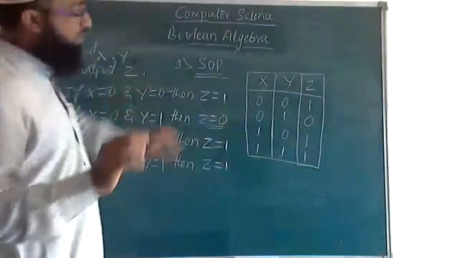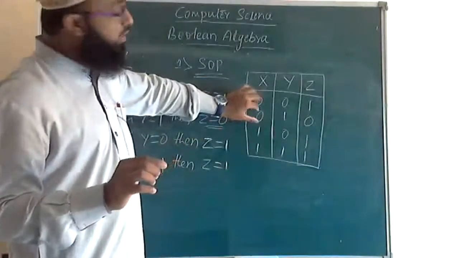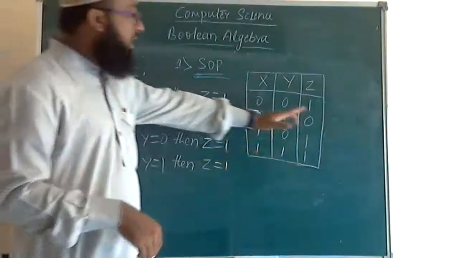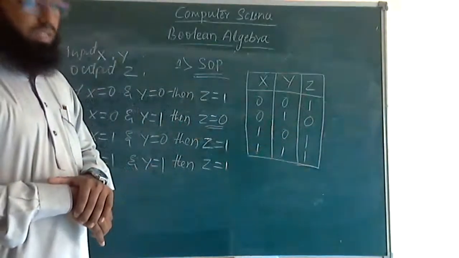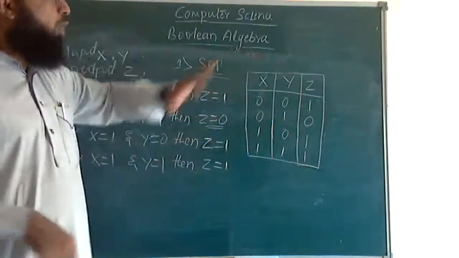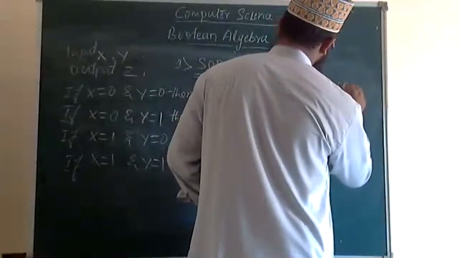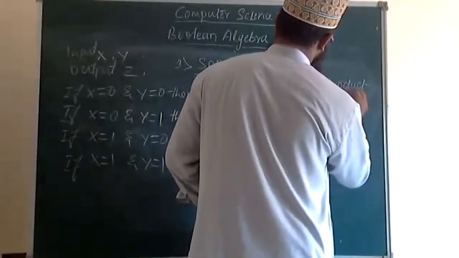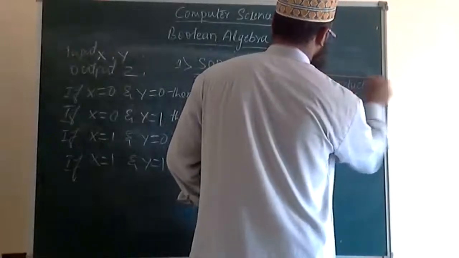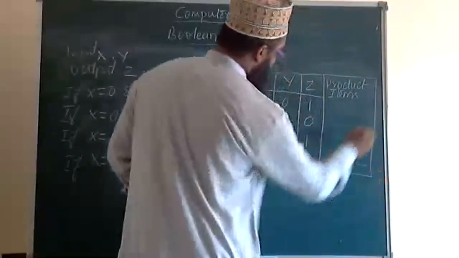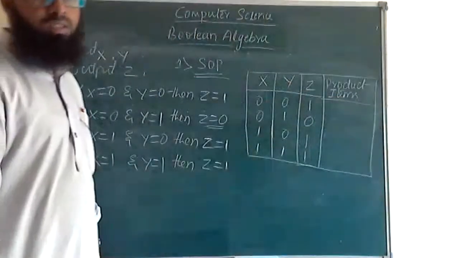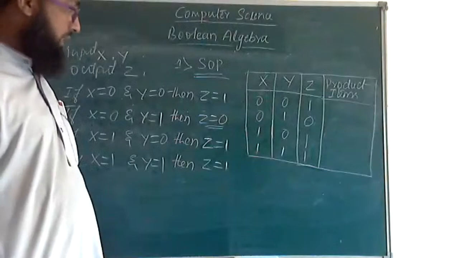If and only if the value of x is 0 and y is 1, at that time only the answer will be 0. Now write the product items for this. How will you write the product items for this?